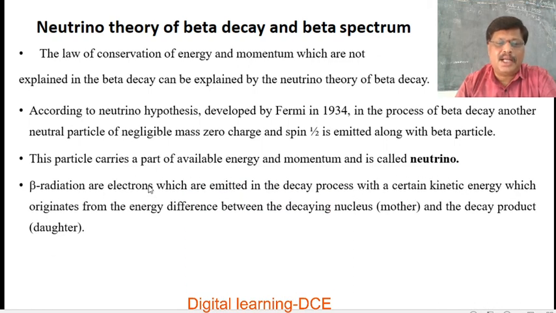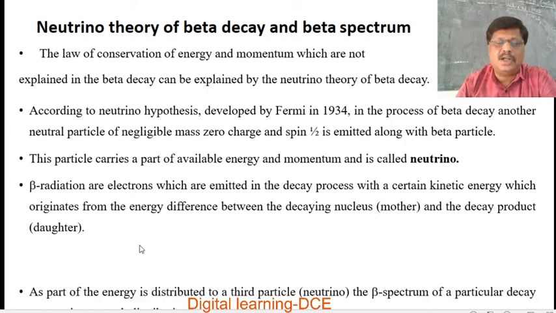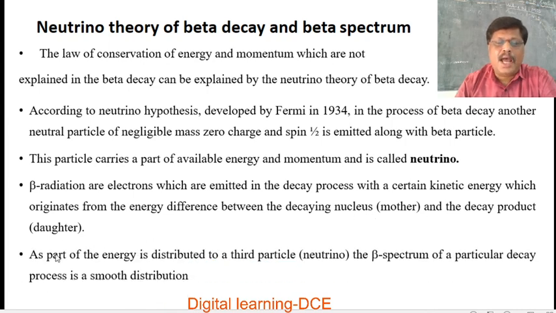Beta radiations are electrons which are emitted in the decay process with a certain kinetic energy, which originates from the energy difference between the decaying nucleus, that is mother or parent nucleus, and the decay product, that is daughter nucleus. As part of the energy is distributed to a third particle, that is neutrino, the beta spectrum of a particular decay process is a smooth distribution.